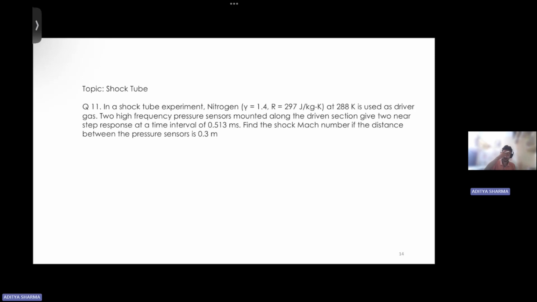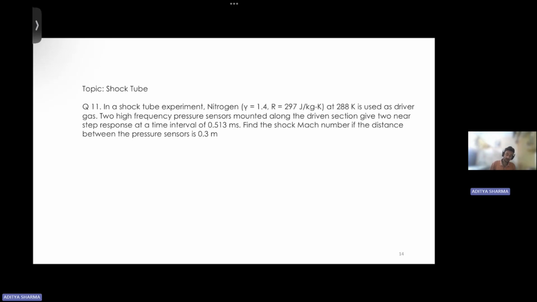Then the next question is a numerical type question based on shock tube. It says that in a shock tube experiment, nitrogen at 288 Kelvin is used as driver gas. Right? So in this shock tube, from the storage cylinder, we are using nitrogen as a driver gas, and the gas is at 288 Kelvin, right?